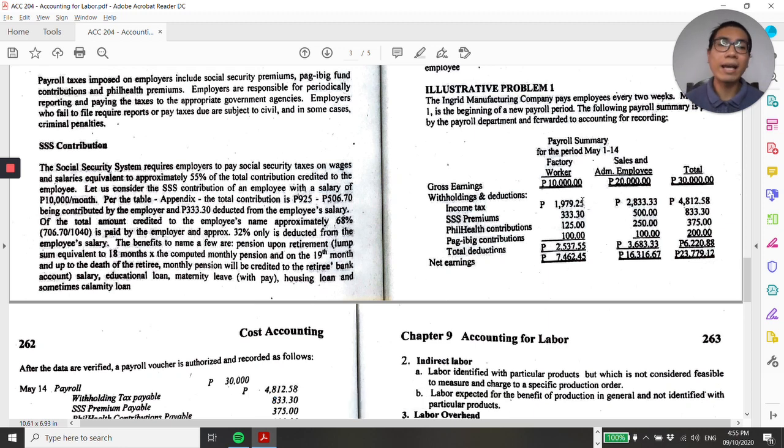So again, remember that we are also talking here about indirect labor costs and another cost that will have an impact on our accounting for labor, those period costs. Our period costs are, of course, the salaries of those not directly related to the production of a certain product.